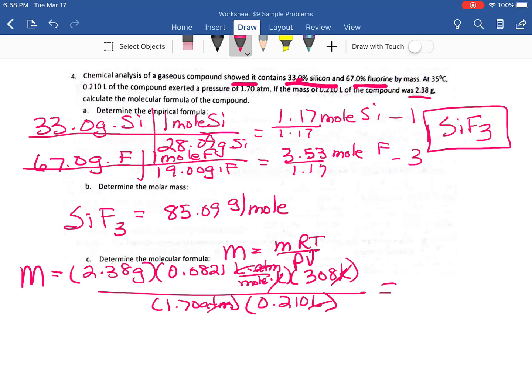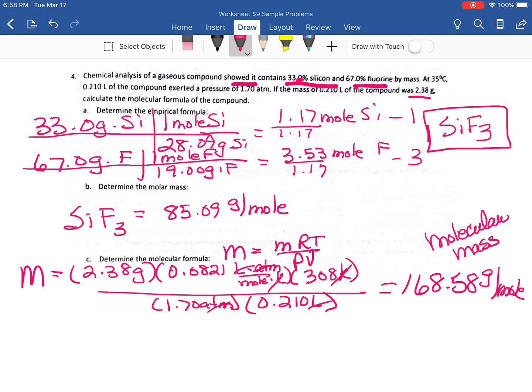So in your calculator, if you do all that, you should get 168.58 grams per mole. And what that represents is the molecular mass.